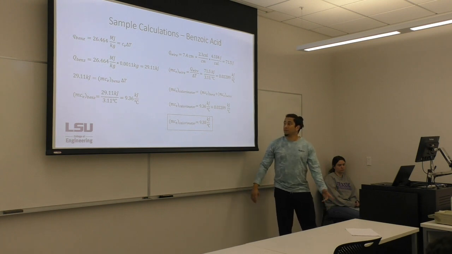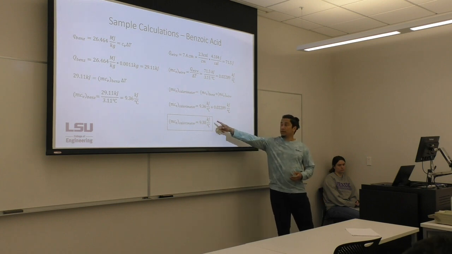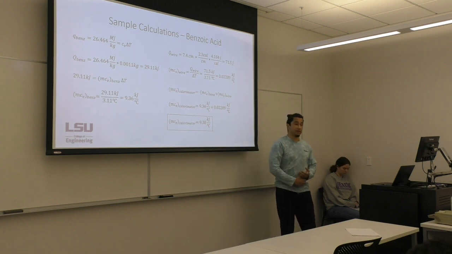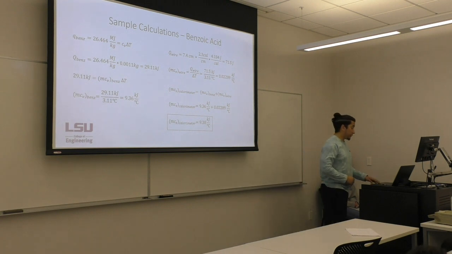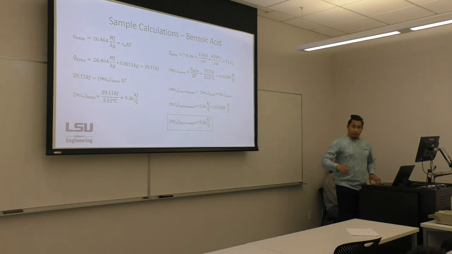When we combine the two, we have the thermal capacitance of the calorimeter, which is 9.38 kilojoules per degree Celsius. This property is an extensive property, which means that it's dependent on mass. I'll explain that a little bit further, but it probably explains why we use 2 liters of water, maybe to keep the calculation simpler.